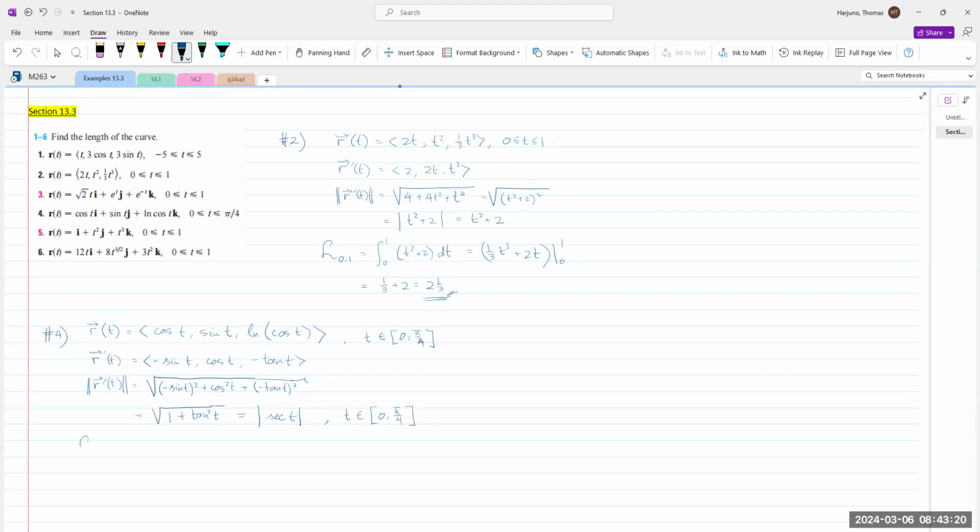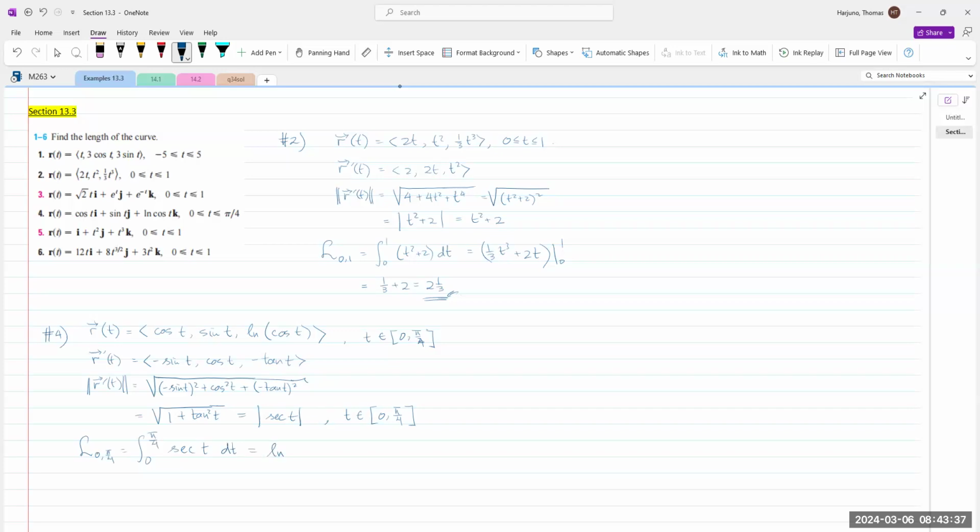Okay, so the arc length from 0 to pi over 4 will be the integral from 0 to pi over 4 of secant t dt, which is natural log. I do expect you to memorize this though.